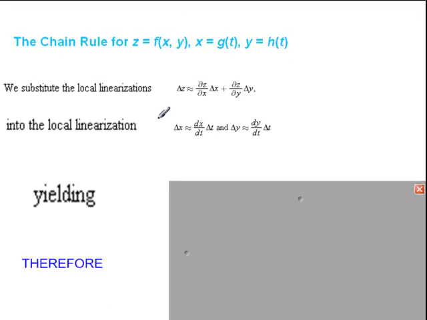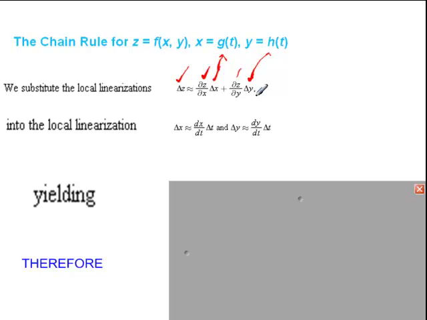All right, so let's think about this. What we just did is we said, okay, our change in z comes from our partial derivative of z with respect to x times our change in x, and this change in x comes from time changing, plus our partial derivative with respect to y times my change in y, and again that change in y is coming from time changing.